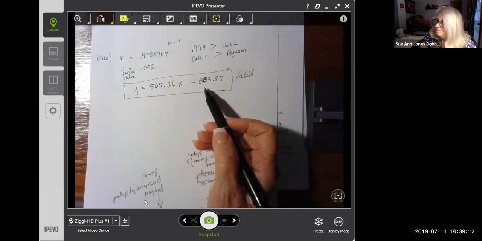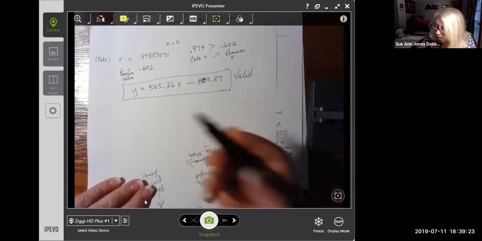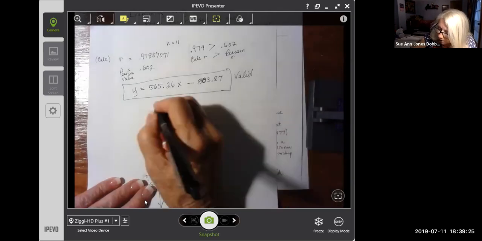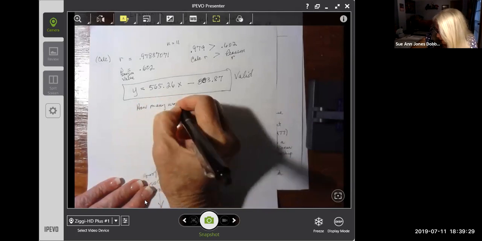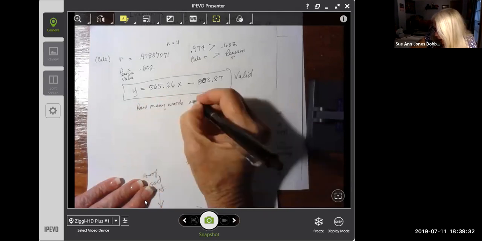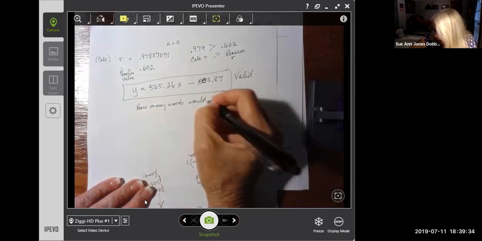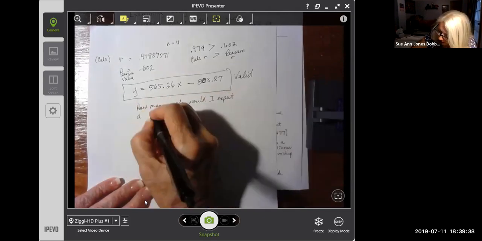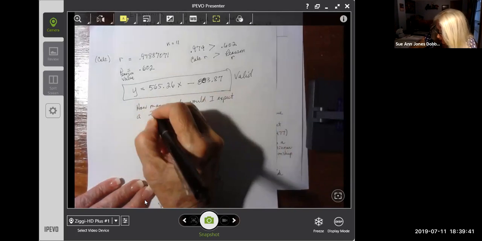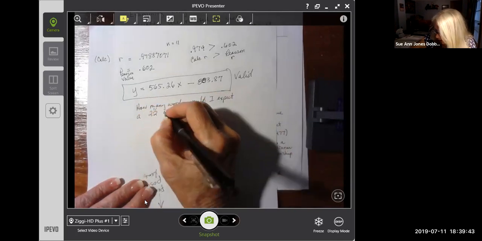Sometimes you can get away with it if the value you're asked to predict is very small, close to the original data, but it's not something you should do. But what if I were asked how many words would I expect a 2.5-year-old to know?